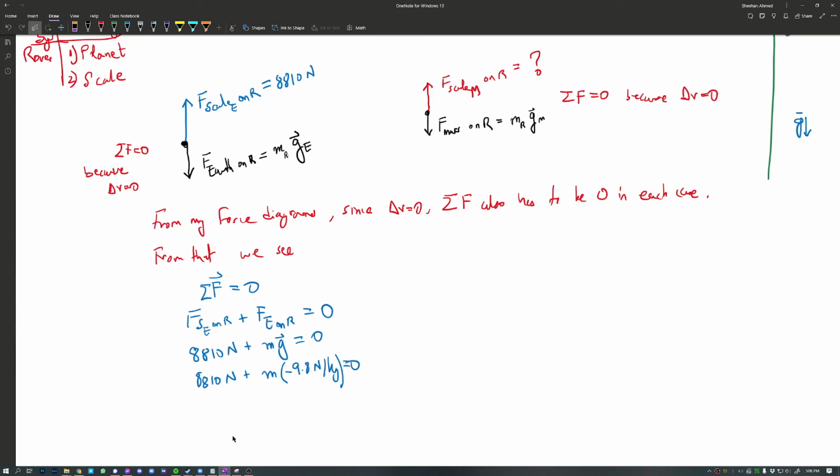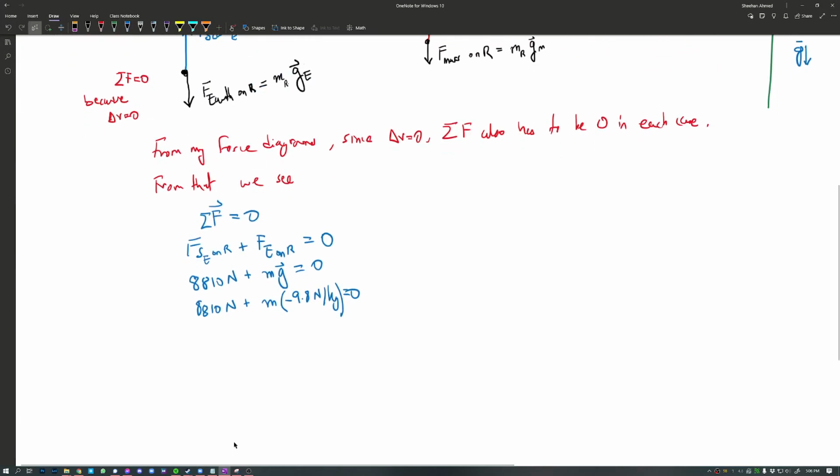That's my equation, and hey, this is already kind of indicating to us what we can do. So let me write this down as my explanation. I can already see there's only one unknown. From this, all of my sentences start with "from."